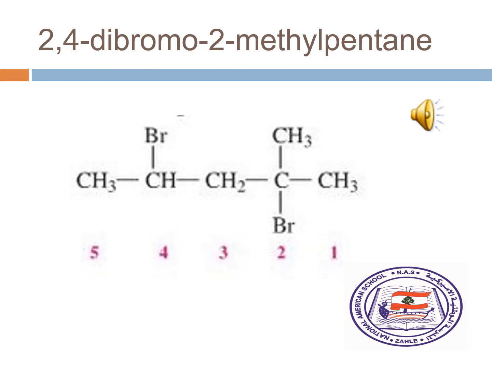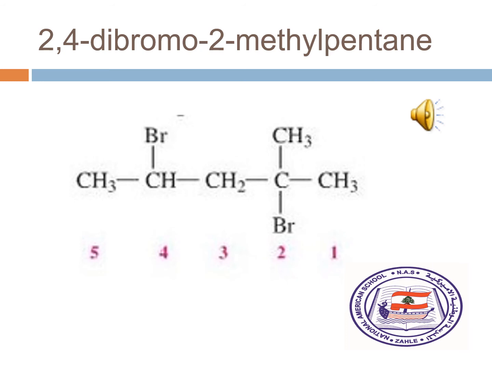One more application please guys to pass along to you. Here we have a structure that contains the methyl group, which is CH3, and it contains 2 bromo halide atoms bonded to the main chain. Now of course, when you have alkyl groups and halide groups or atoms bonded to the main chain, we need to give priority to the halides to name them first.